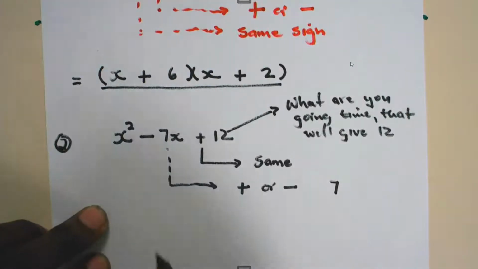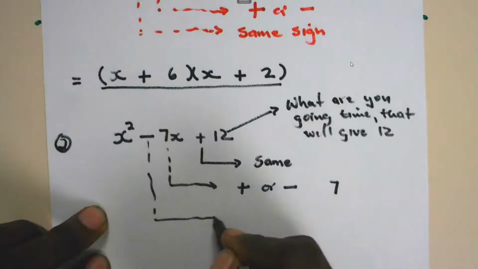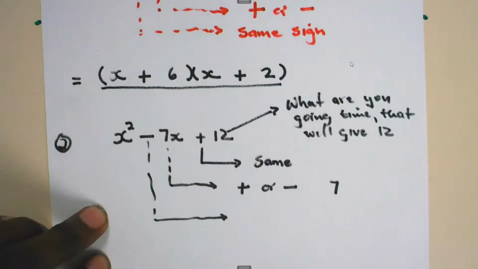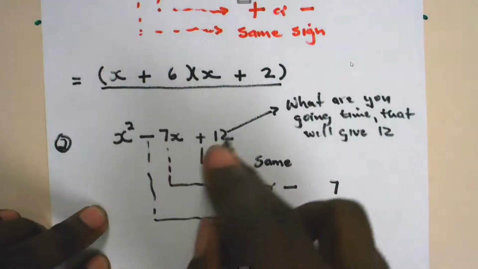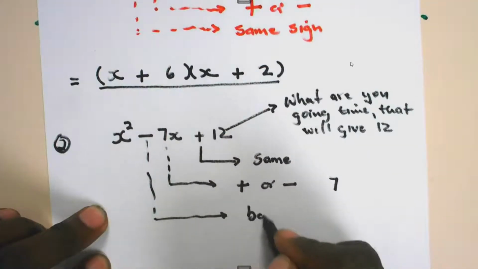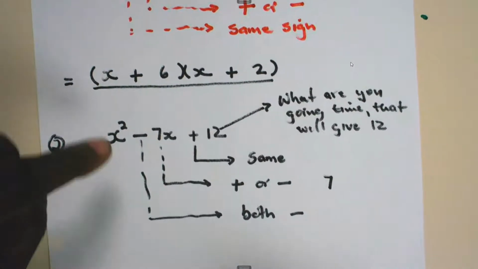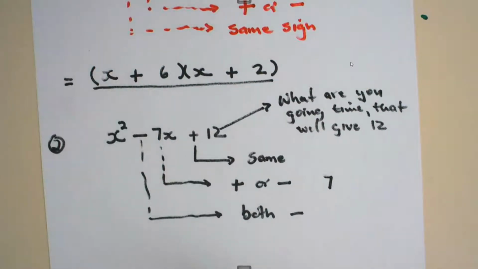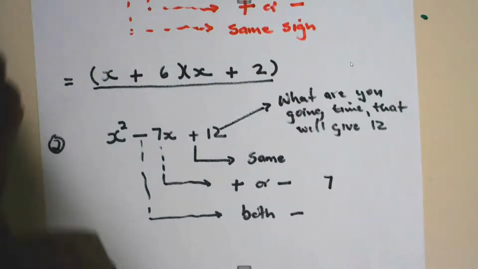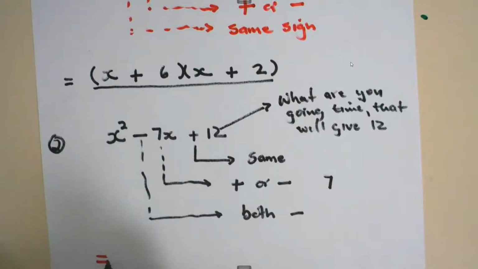This negative sign means that the factors of 12 are both negative, because when you add the two negative numbers, they're going to give you negative 7. Which are those negative numbers? Which are those factors?